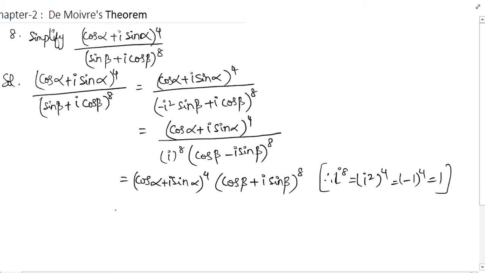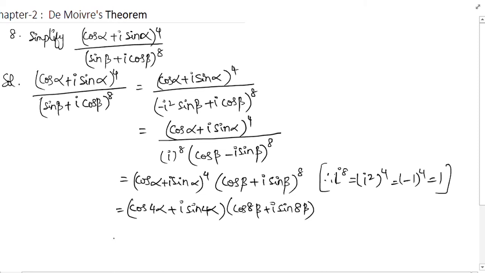Now this will be equal to (cos 4 alpha plus i sin 4 alpha) into (cos 8 beta plus i sin 8 beta). Since we know that (cos theta plus i sin theta) to the power n is equal to cos n theta plus i sin n theta.